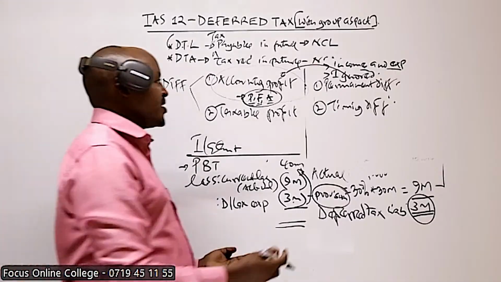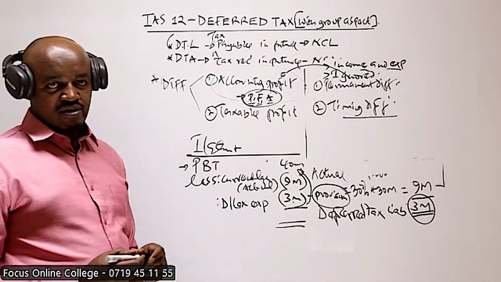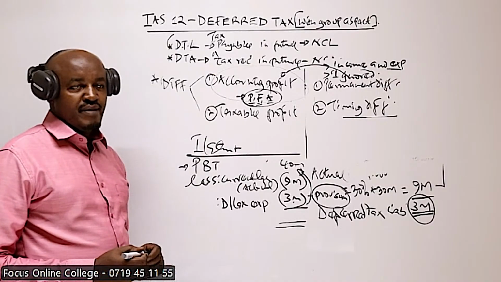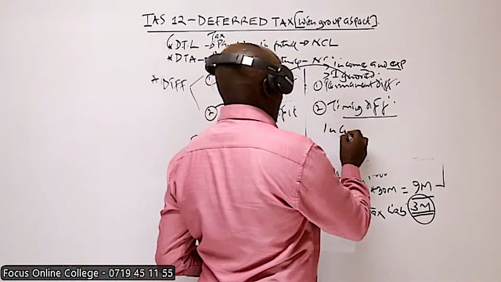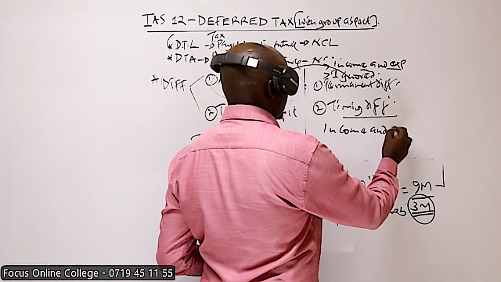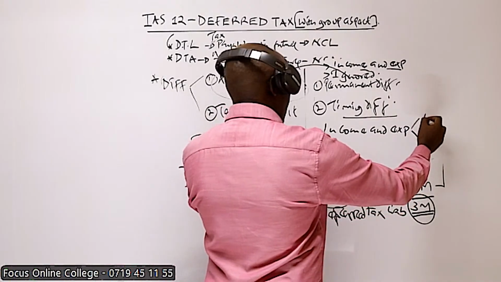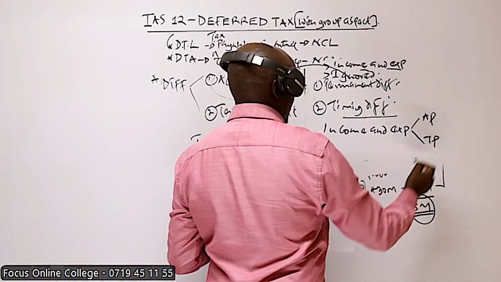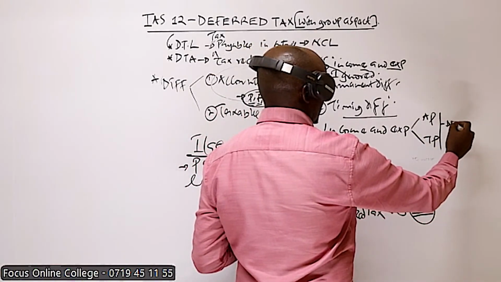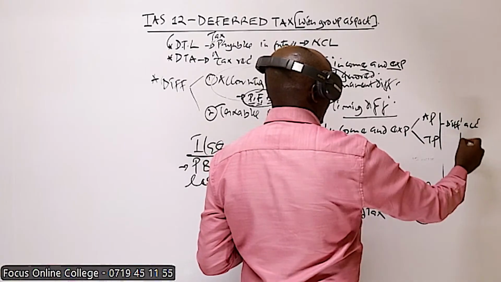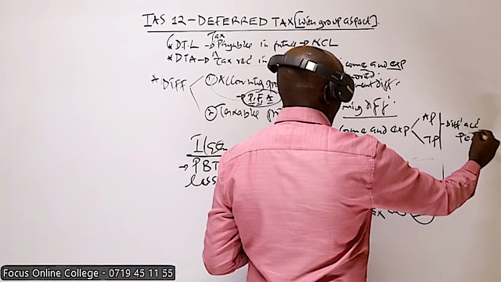Now, on the other hand, when we talk about the timing difference, this is the difference occasioned by taking into account items of incomes and expenses in the computation of the two profits, the accounting profit and taxable profit, but in different accounting periods.